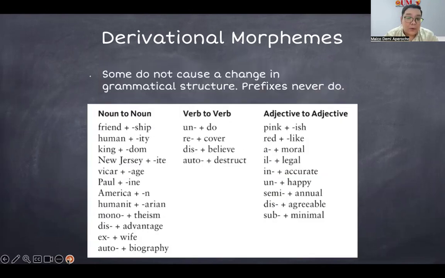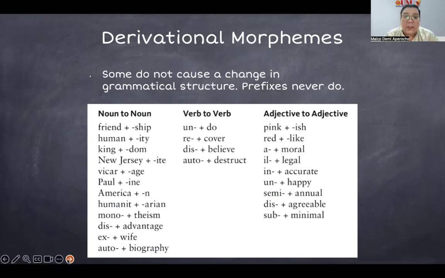However, there are some that do not cause a change in grammatical structure because oftentimes prefixes never do. For example, let's say friendship, although in this case, this is a suffix. So friend is a noun, but when you add ship to it, it's still a noun. So when you say friendship, it remains to be a noun. So there's no change here in terms of the part of speech, such as noun to noun, verb to verb, adjective to adjective.